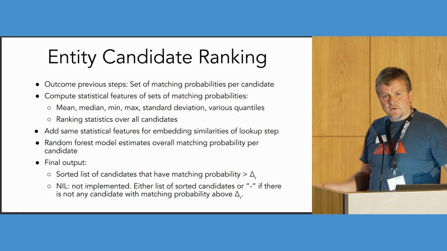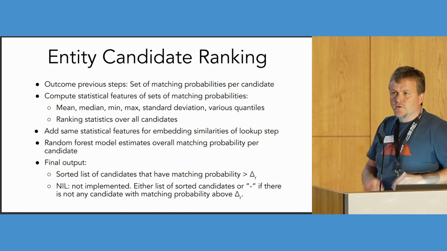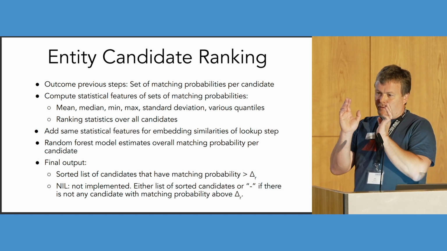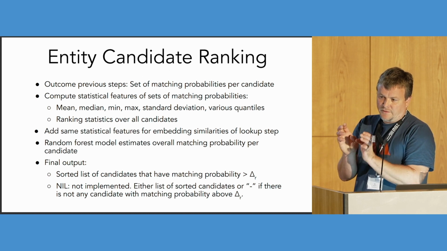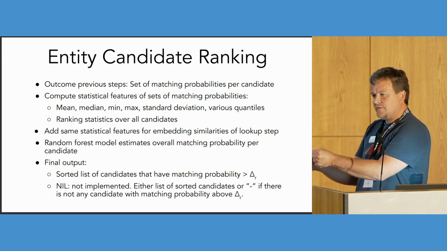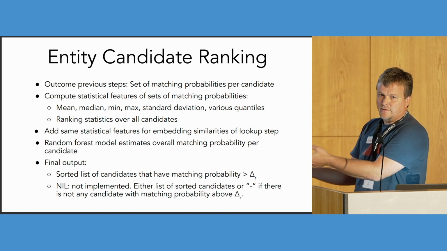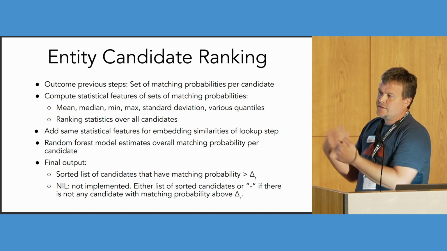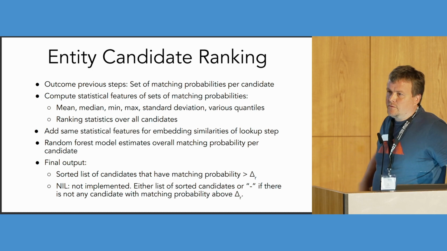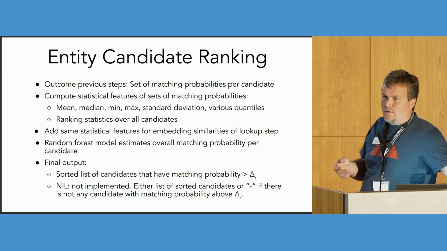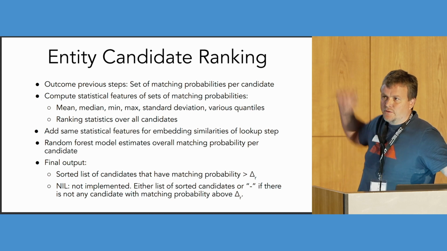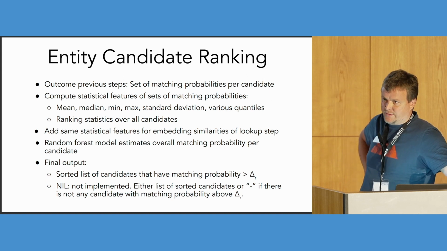And the random forest model computes an overall probability that this text in question mentions this entity candidate. And finally, we sort the candidates according to the overall matching probability and end up with the list that I showed in the beginning in the example.